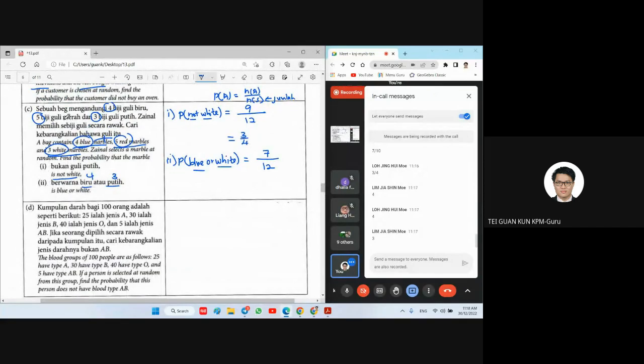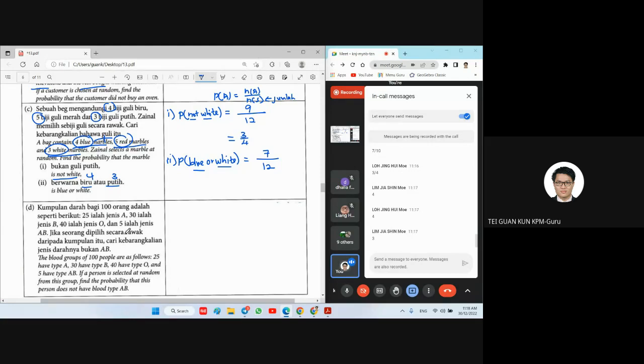Okay. D. The blood groups of 100 people are as follow. 25 have type A, 30 have type B, 40 have type O, and 5 have type AB.